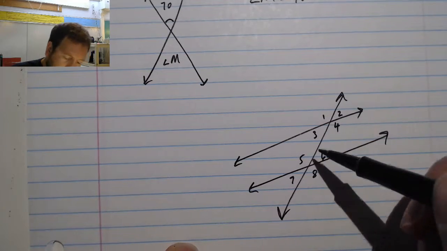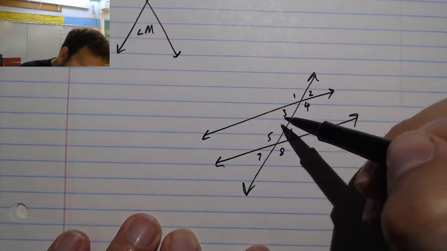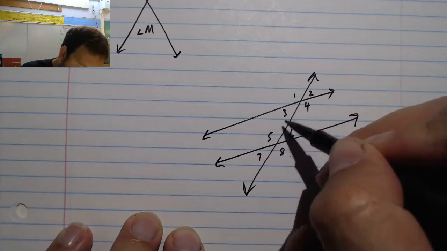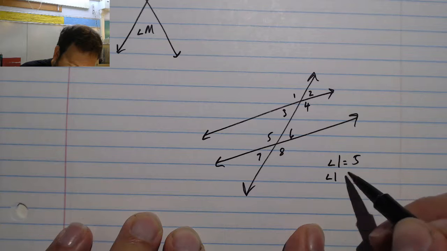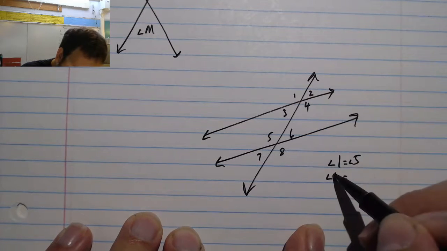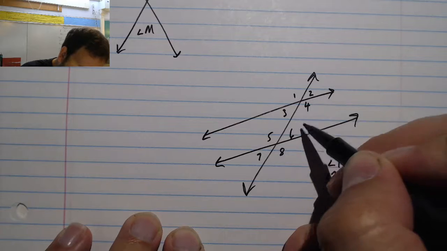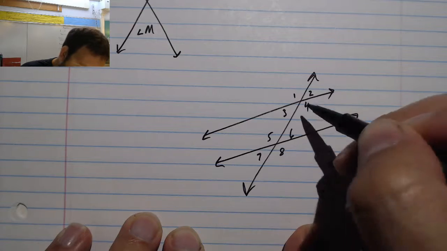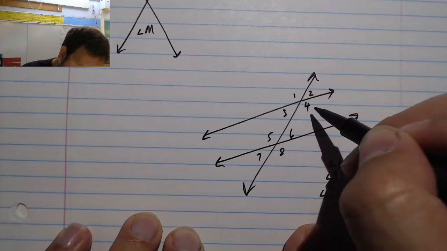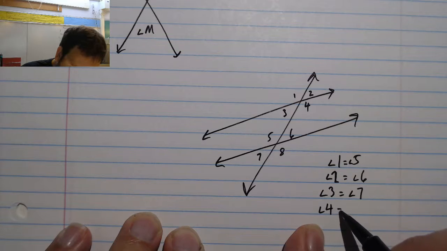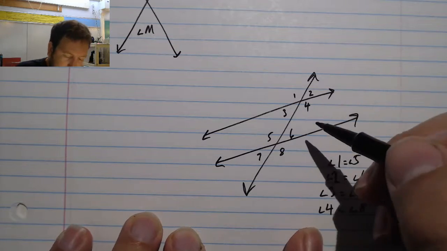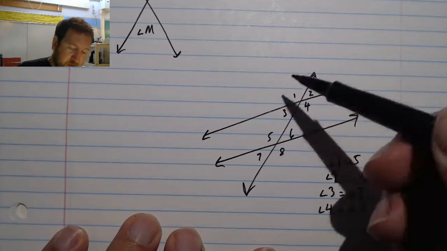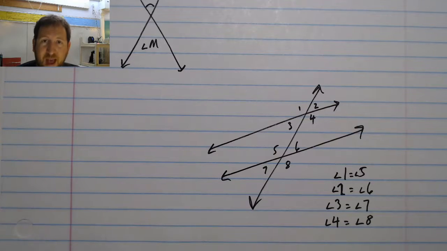I can say that my corresponding angles, which are the angles that are in the same spot on both sides, so angle 1 equals angle 5, angle 2 equals angle 6, angle 3 equals angle 7, and angle 4 equals angle 8. And once I can match across, then I can use my vertical and adjacent angles to figure out what is equal to what, kind of as we go.